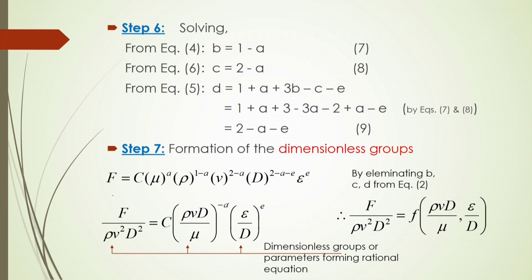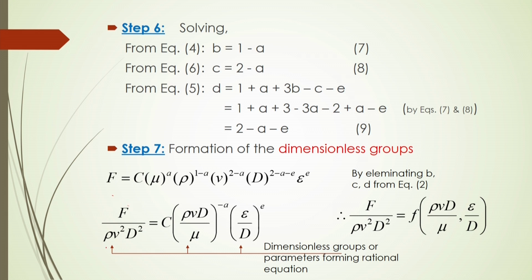All the a exponents are to be represented here. So, it will come as rho v d by mu to the power minus a and epsilon d to the power e after rearrangement of this equation. And then the remaining variables you have to segregate on the right hand side with this f.